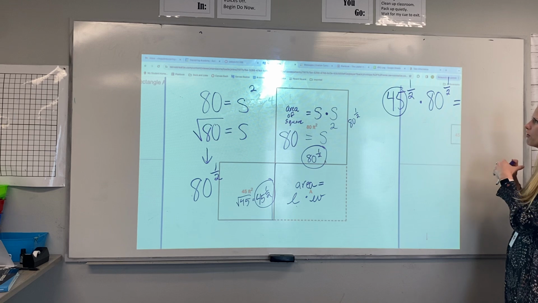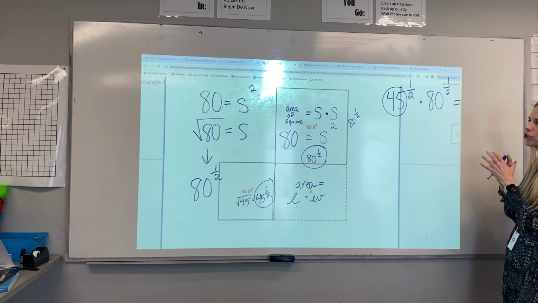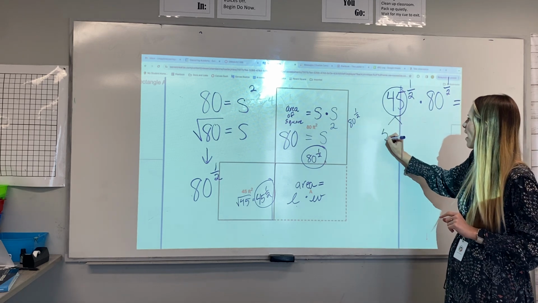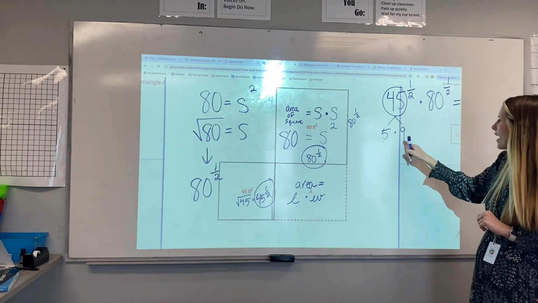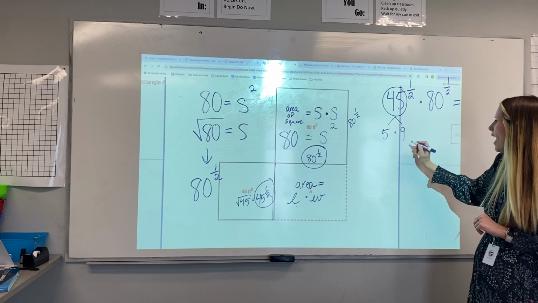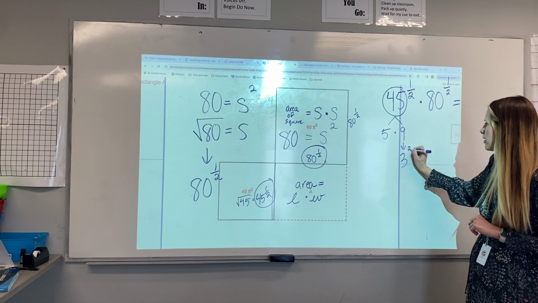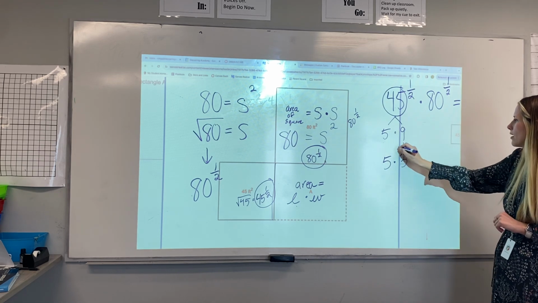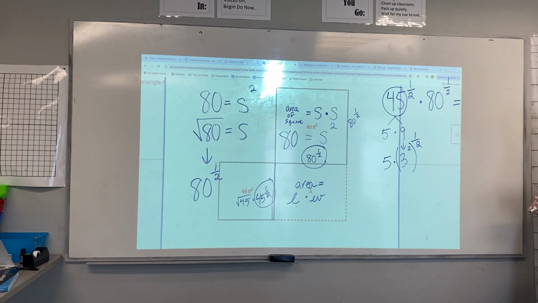Can we break 45 down into two factors? Let's try 5 and 9. 9 can be rewritten as 3 squared. So we have 5 times 3 squared to the 1/2 power, right?